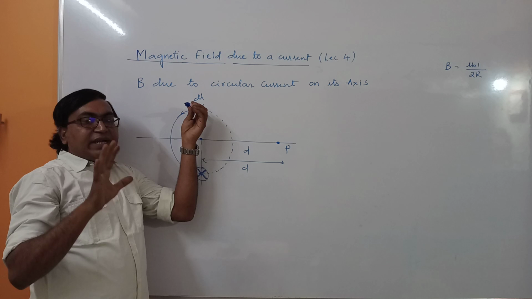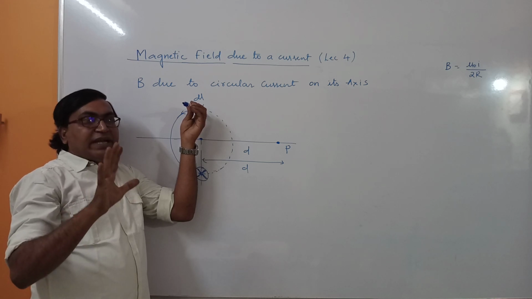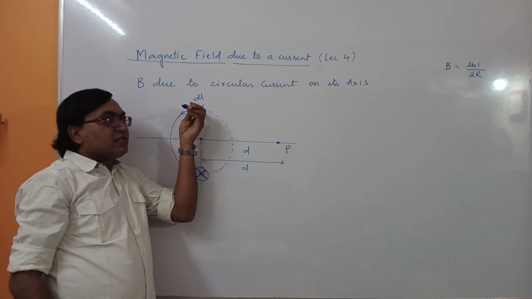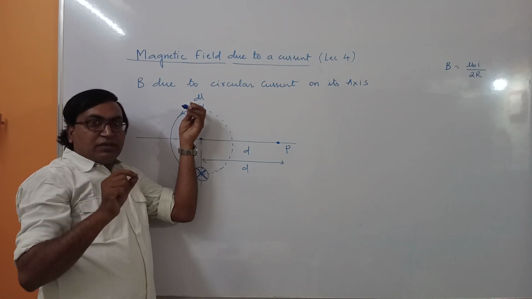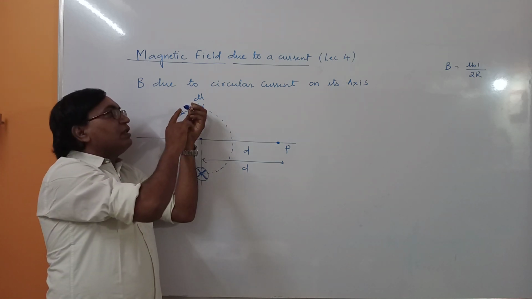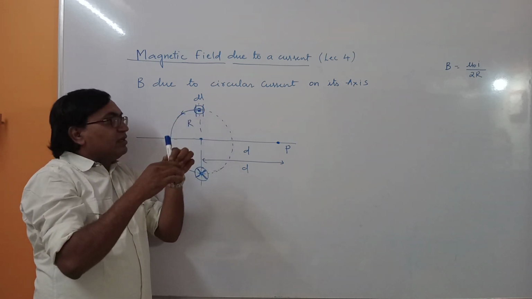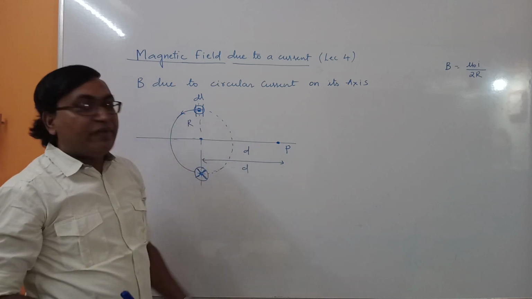Now whatever magnetic field is there will lie in this plane, because by the cross product, the magnetic field vector should be perpendicular to the current element as well as the position vector.